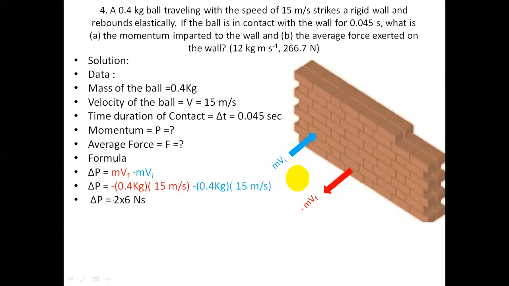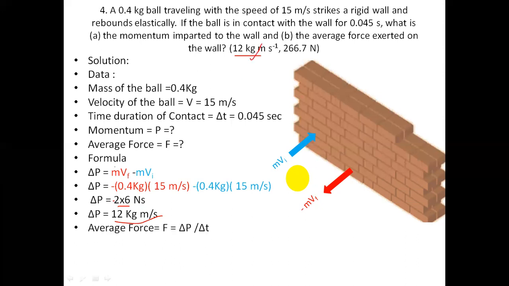The negative sign is only for the direction part, that means the momentum is moving in the direction of the final velocity, but the magnitude of that momentum is 2 times 6 newton seconds, and that is our answer, which is 12 kilogram meter per second, or we can say it as newton second as well. So our first answer is absolutely right.